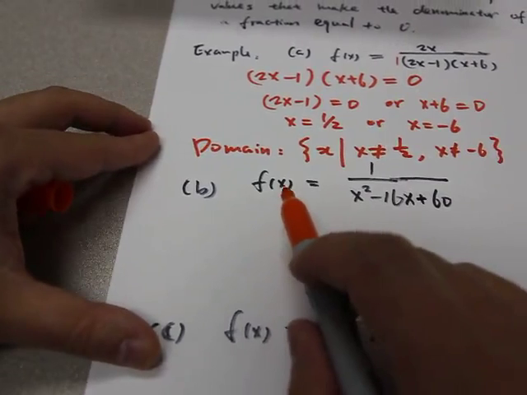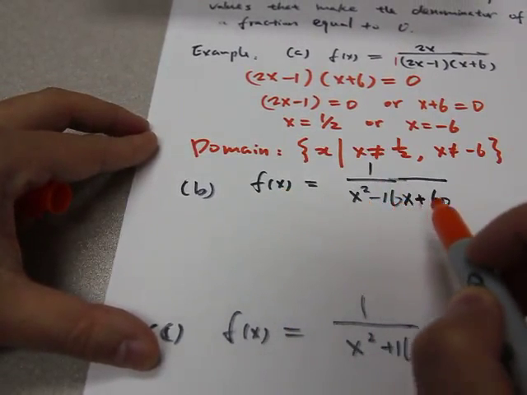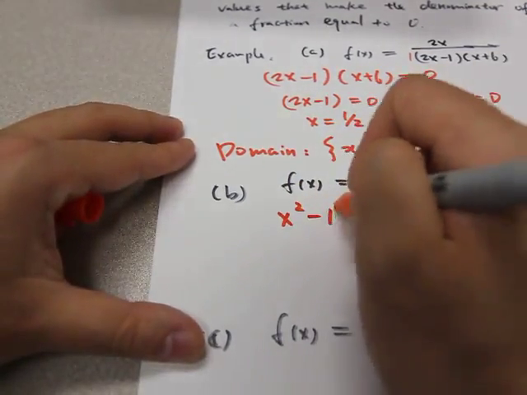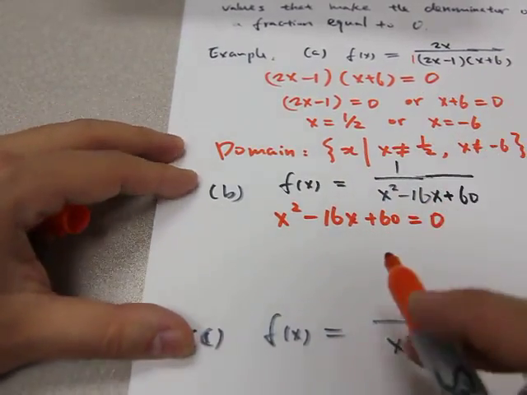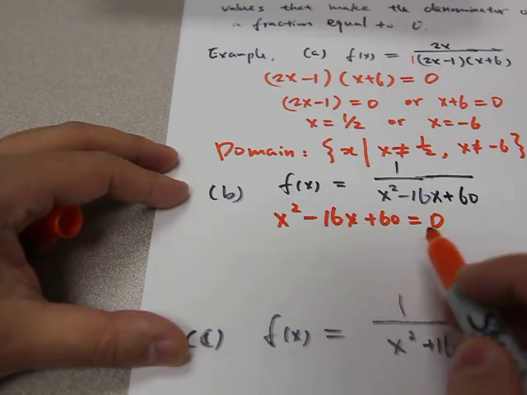Okay, now let's take a look at another example. So the function f(x) is 1 over x squared minus 16x plus 60. So to find the domain, we're gonna solve this equation for x.